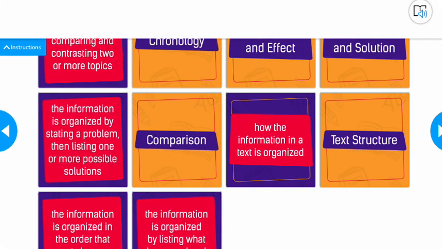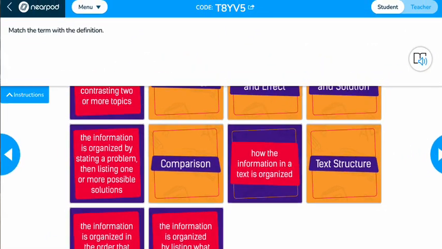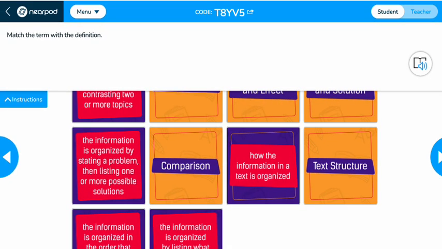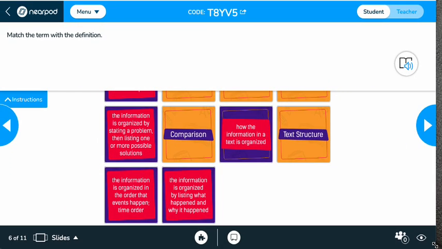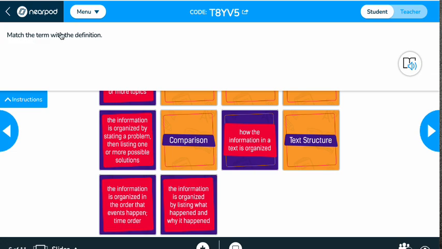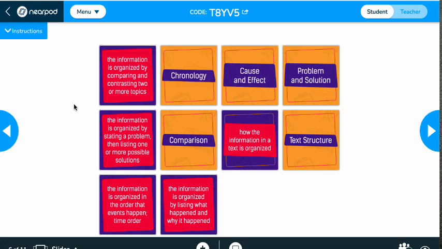So let's get ready to take a look at some text structures, okay? Right here, it says match the term with the definition. So let's look at some. It says the information is organized by comparing and contrasting. Well, I see that comparison also matches the word comparing.